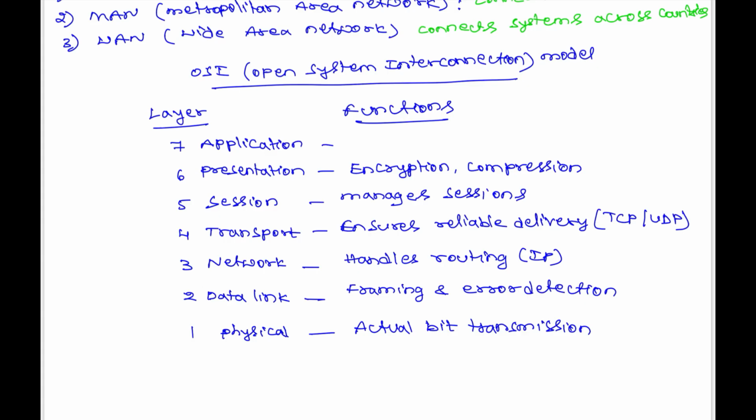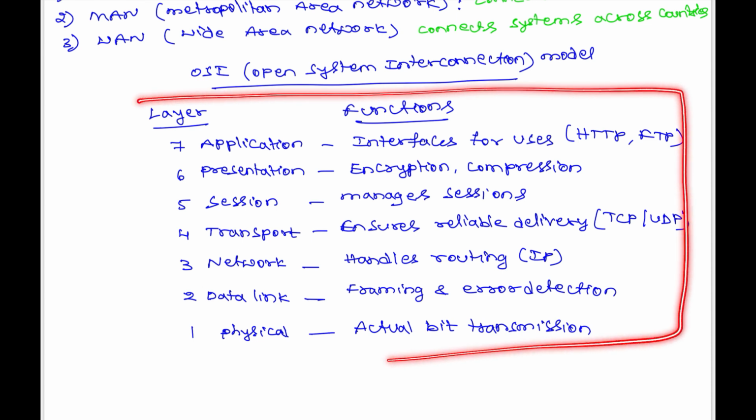It provides interfaces for users, like HTTP and FTP applications, hypertext transfer protocol and file transfer protocol. So it is the most popular model, called the OSI model.